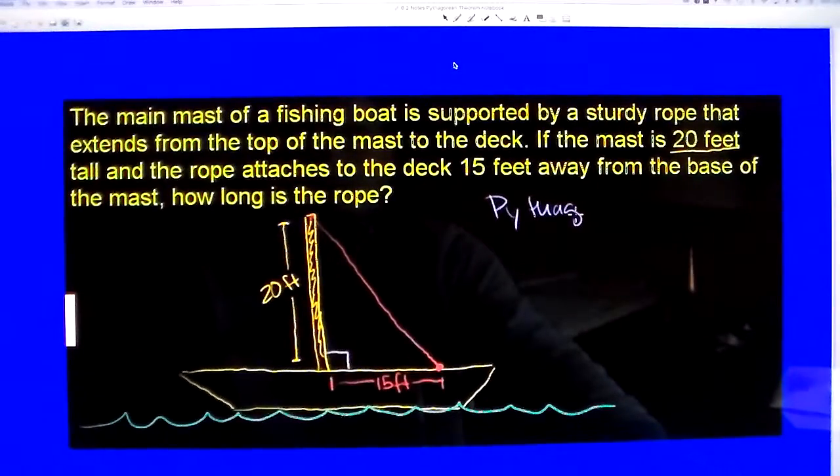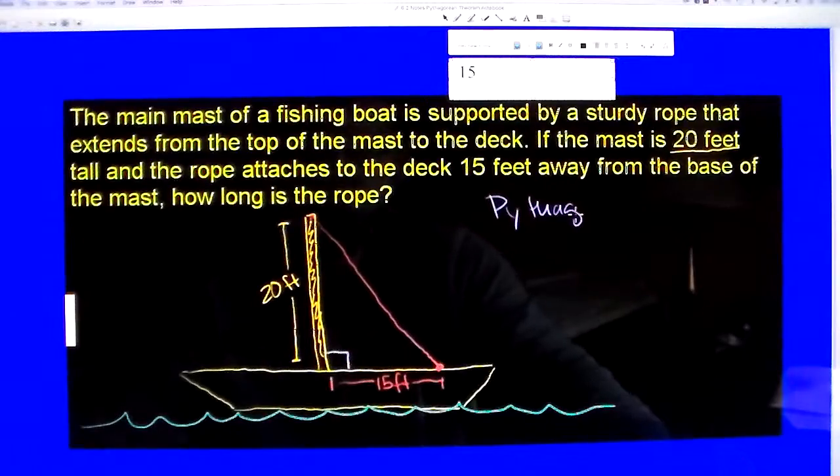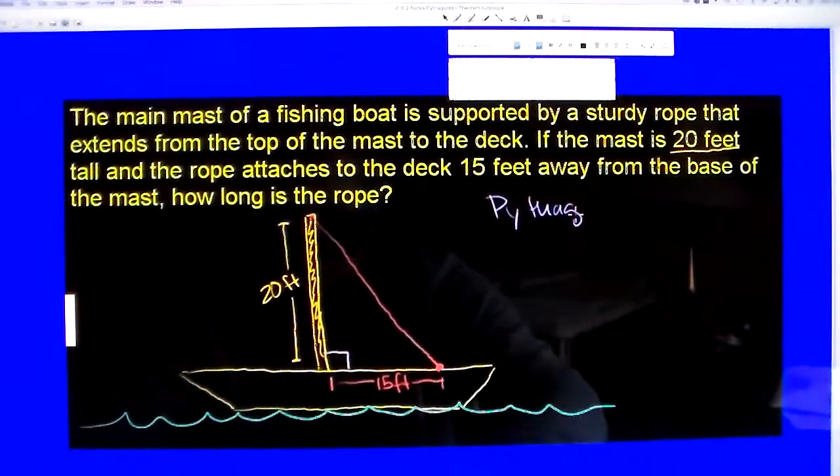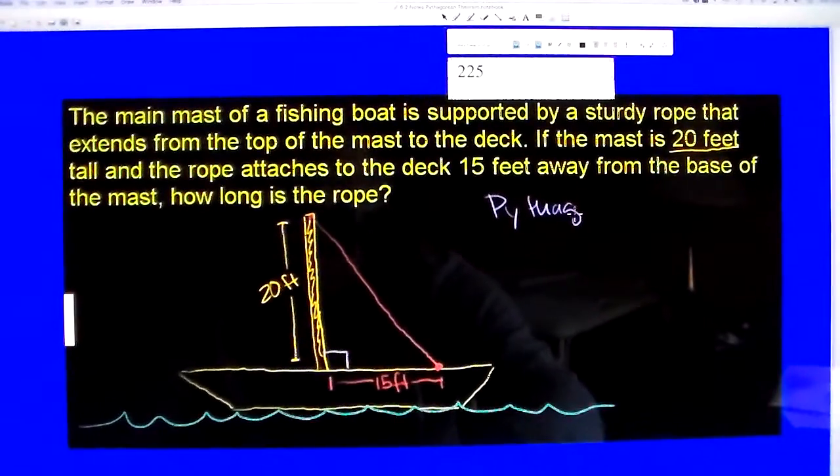So let's type that in. 15 squared, which is 225, plus 20 squared, which is 400, is equal to x squared.